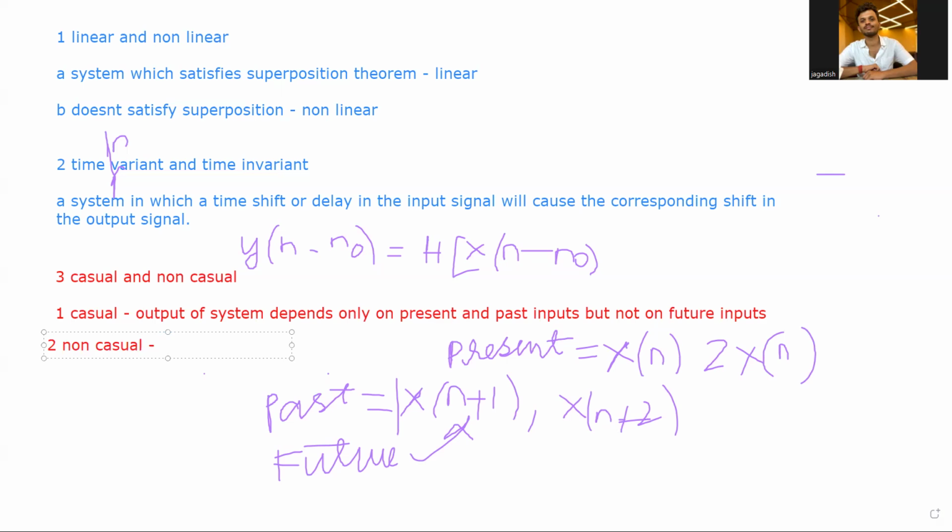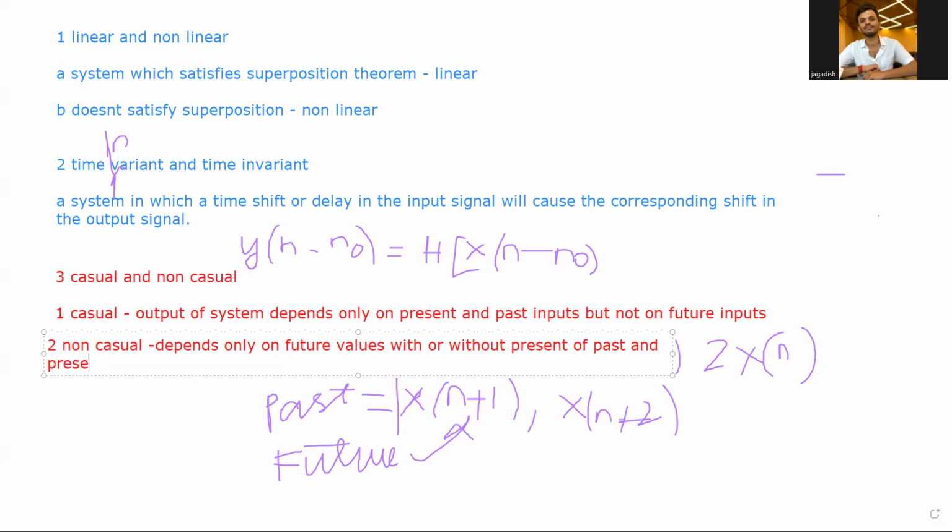The non-casual system depends only on future values, with or without past and present values. Definitions are important, students.